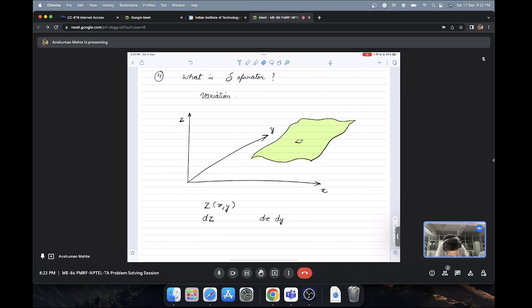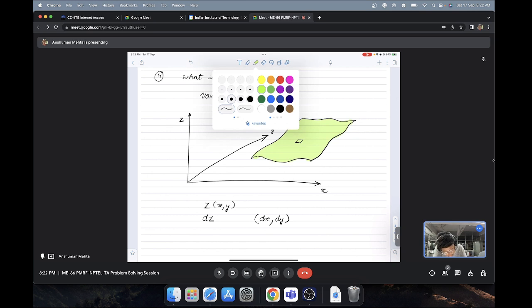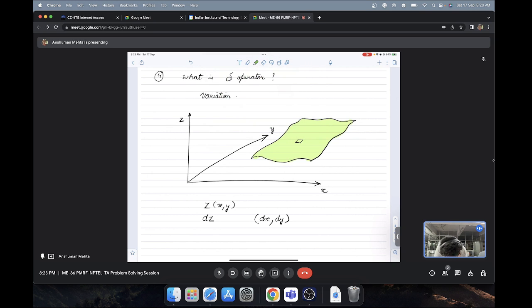If we take that, dz can be defined as that. Okay, so what is meant by this? This dark green thing. Okay, but what does del z mean?